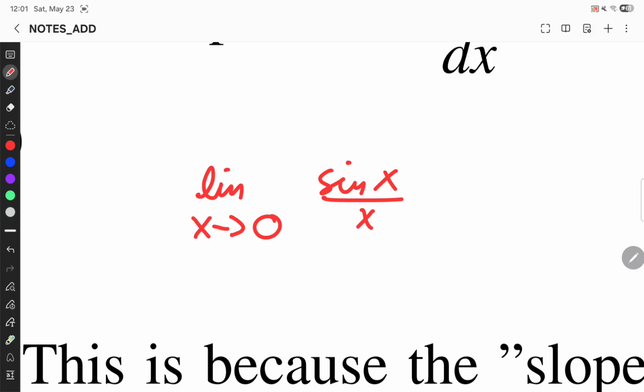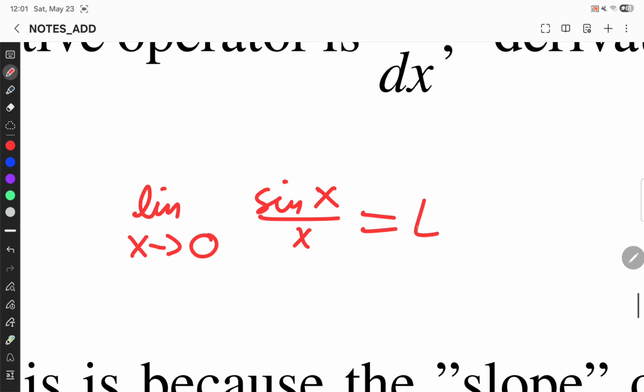Okay, now one more thing. There's another thing I want to tell you. When it does reach a value, for example, this is equal to 1, trust me, this is equal to 1, we call this limit to exist.